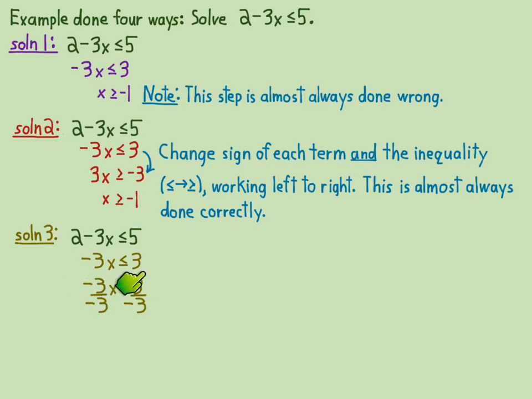Over -3, over -3. Scribble that out. I wrote it below, and then I changed the direction of the sign. This one, people who do this, usually fairly clever because they realize that they should write another line, but they'll still forget to change the inequality maybe 30-40% of the time. So it's not recommended, although it is correct.